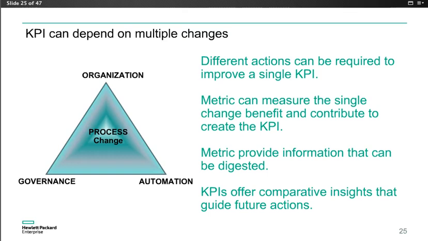Like this triangle shows us, when you change one of the processes, it depends on organization, governance, and automation. It's not separate, so that you do just some organization change and are able to measure how well that organization change impacts your process of change. It's really good to understand that everything is connected and related to each other.